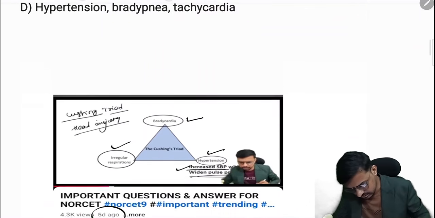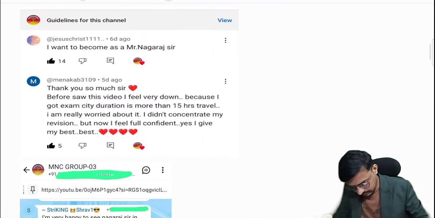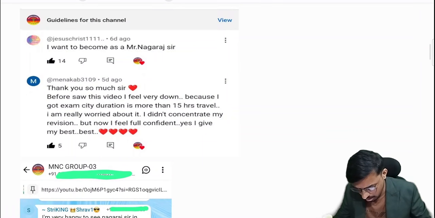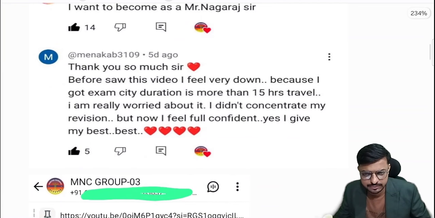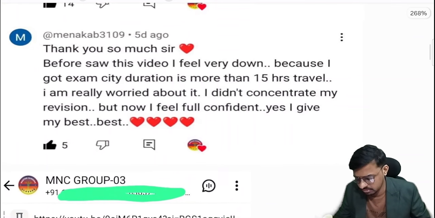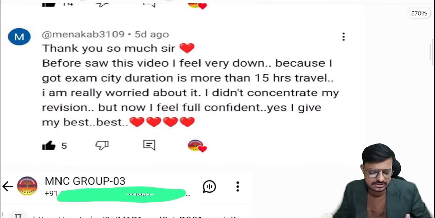So the next question is here. I have got lots of positive comments from you all, and there are still many messages I am unable to read, because I was focused on checking all the NCLEX book and where the questions are coming from, because telling you something without analysis makes me feel inadequate.